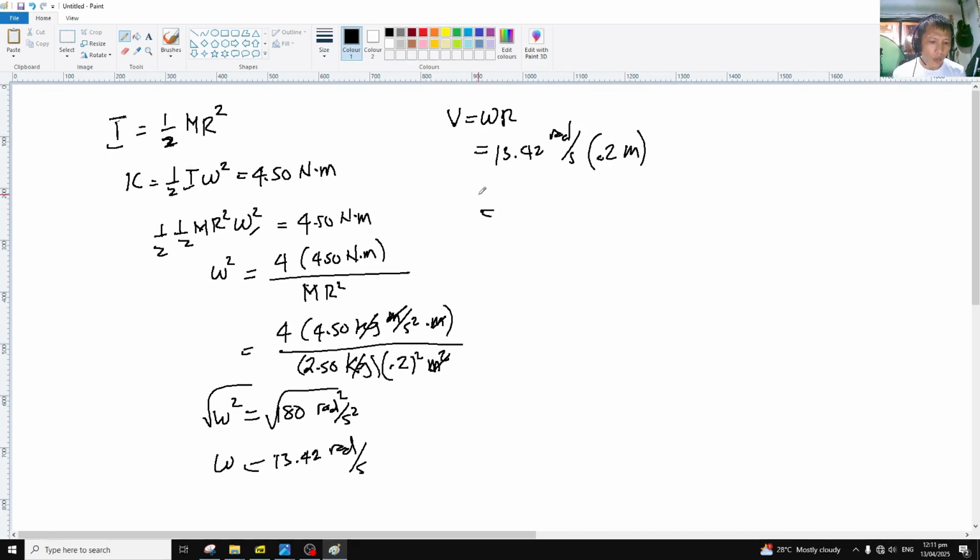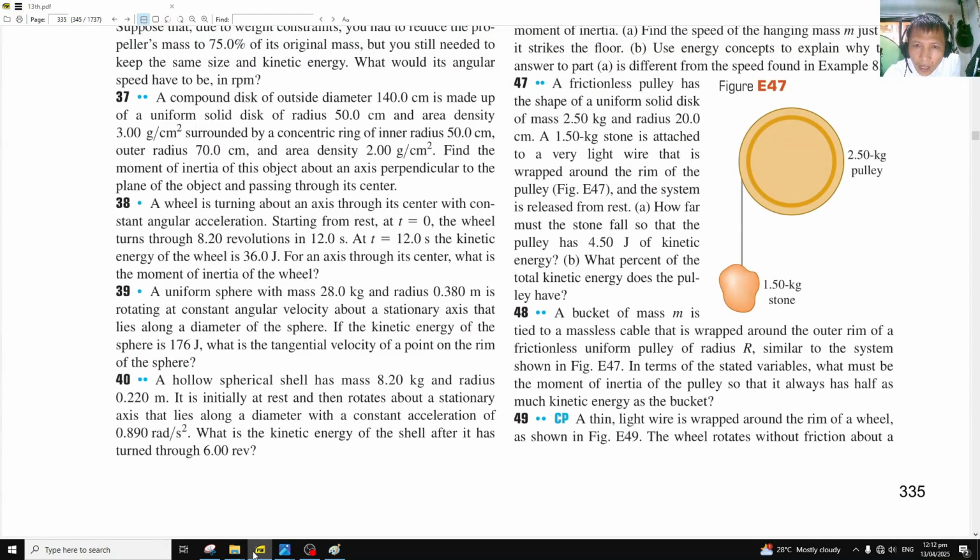So, 13.42 times 0.2, that would give me 2.68 meters per second. So, that is the tangential or linear velocity. 2.68. Did I solve it pa?